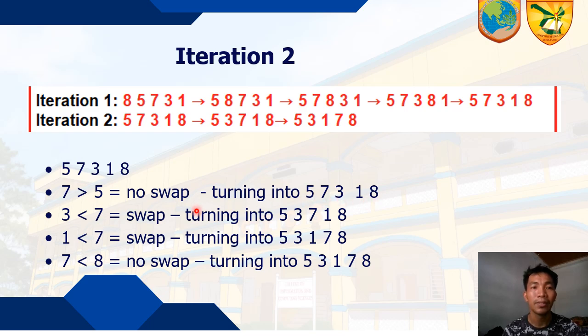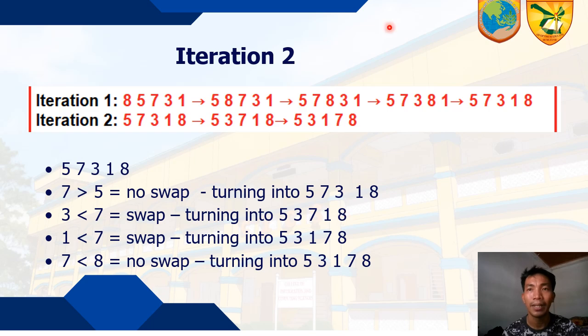Then, the value 7 is compared with 3. Remember the list here. 7 and 3 are now compared. Since 3 is less than 7, we perform the swapping. Hence, resulting in a new sequence, 5, 3, 7, 1, and 8.